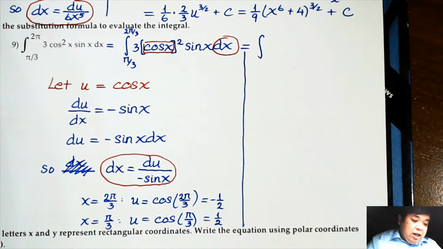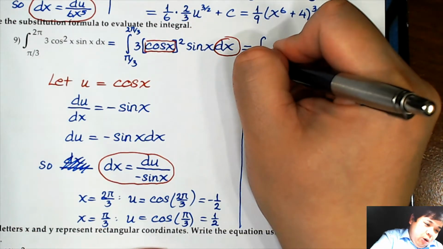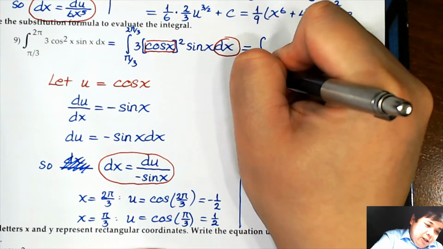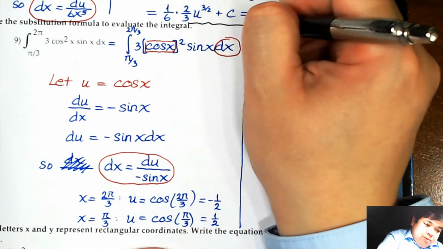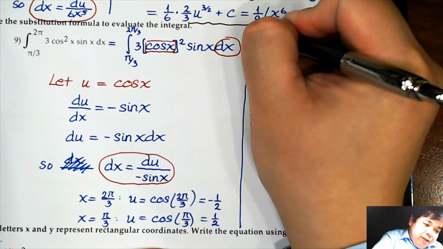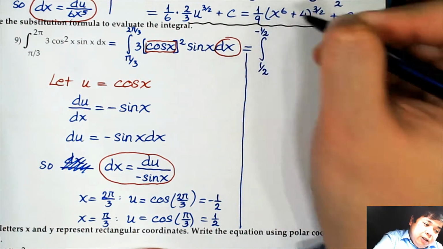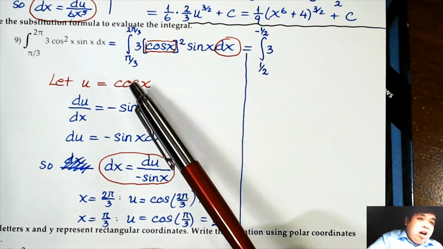First, the limits. Instead of going from pi over 3 to 2 pi over 3, we will go from 1/2 to negative 1/2. Negative 1/2. We have 3 cosine of x.